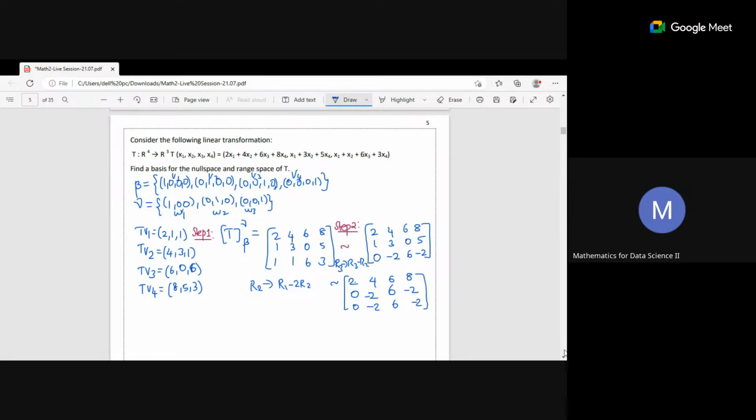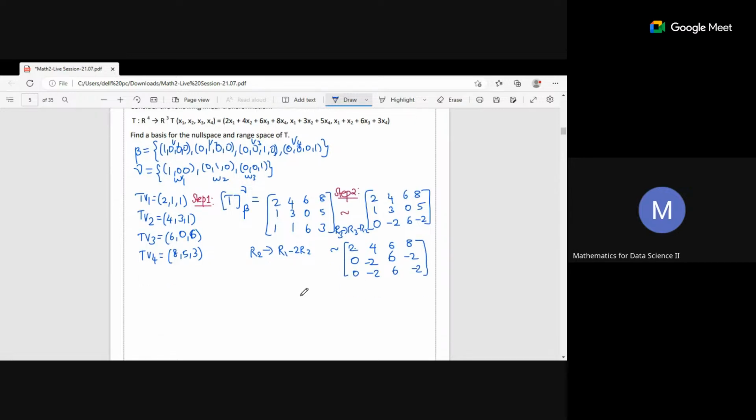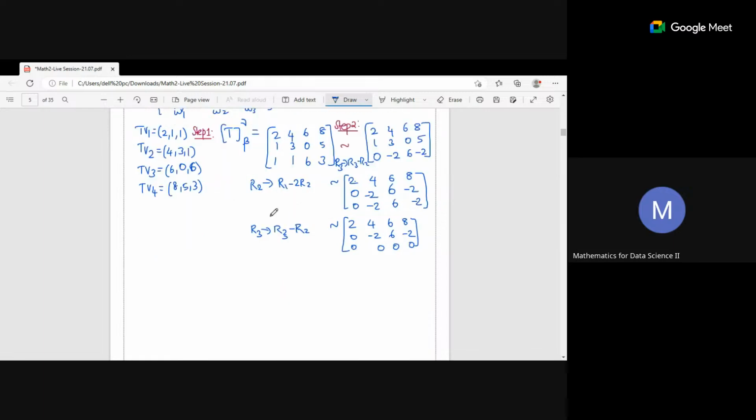Can you tell what should be the next elementary row operation? R3 going to R3 minus R2. Okay, so you get 2 4 6 8, 0 minus 2 6 minus 2, 0 0 0 0. Then you can take R2 going to R2 divided by minus 2.